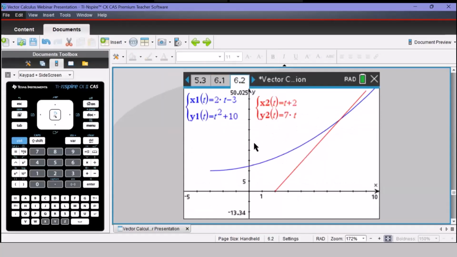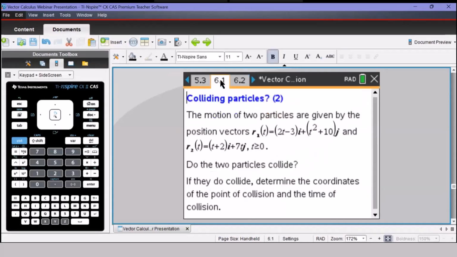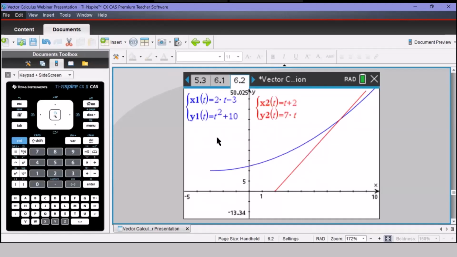For particle 2, the parametric equations are x2 of t is t plus 2, y2 of t is 7t. So we've got t plus 2 i plus 7t j.